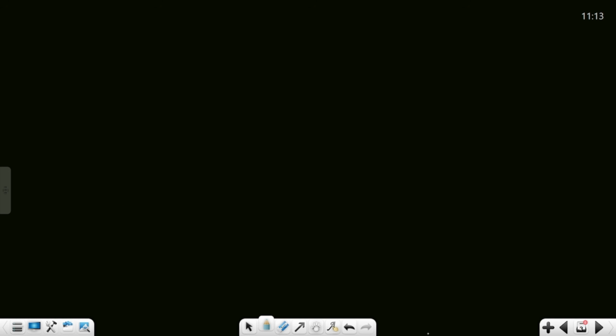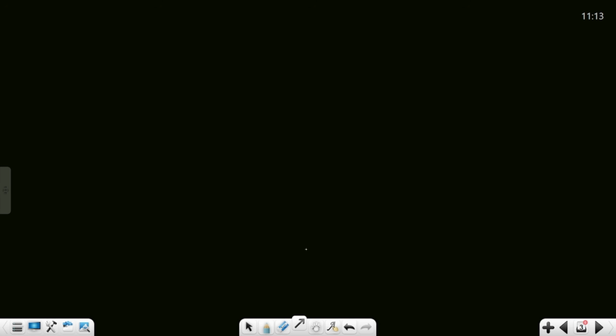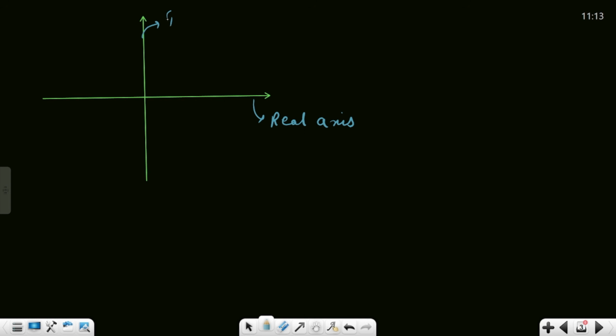For example, if I again draw the complex plane here, I try to show you that this is our real axis, and this is our imaginary axis.